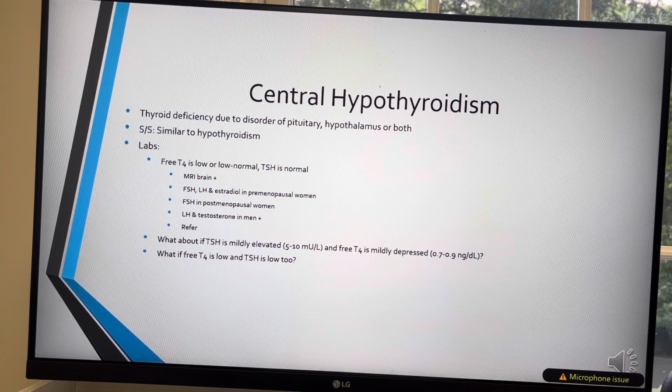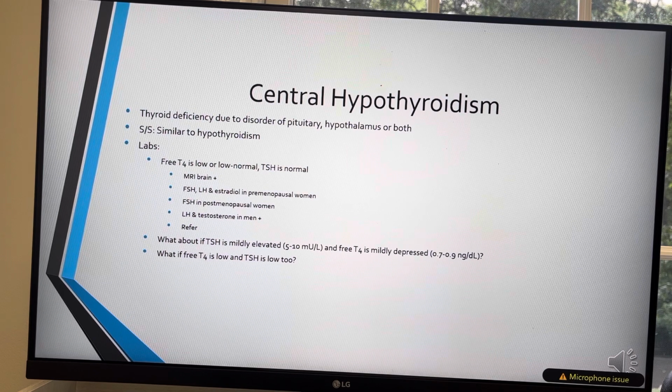But this would be a place to check a TPO antibody. If the TPO antibody is elevated, probably Hashimoto's, and you would just treat it as primary overt hypothyroidism. If the TPO is negative, it's probably central hypothyroidism, and you need to go through with the imaging, the hormone lab studies, and the referral.